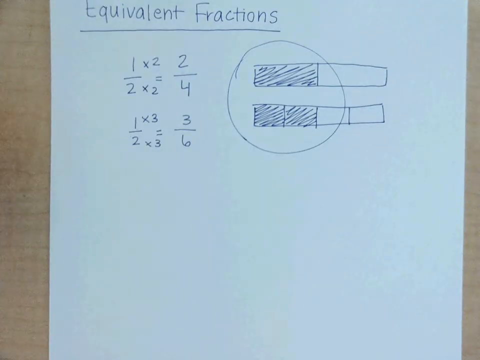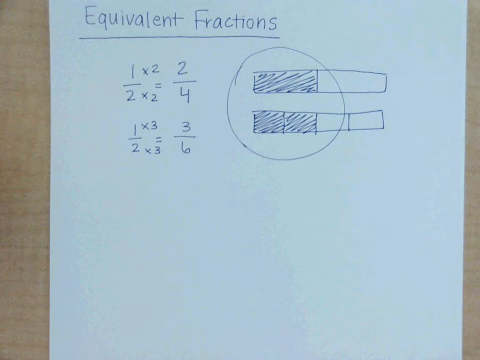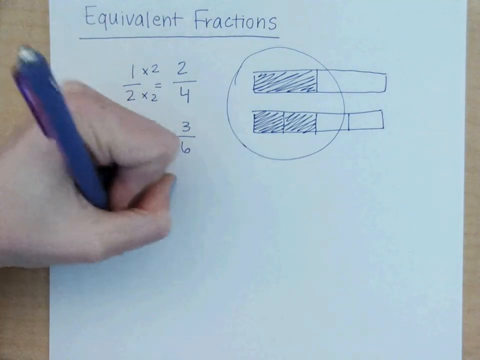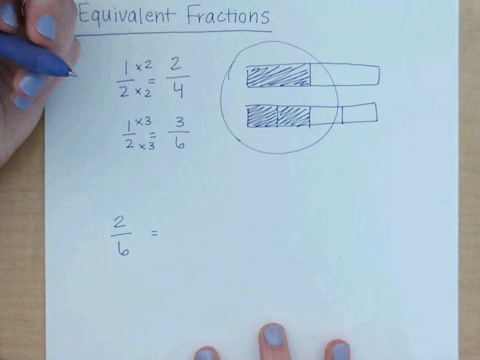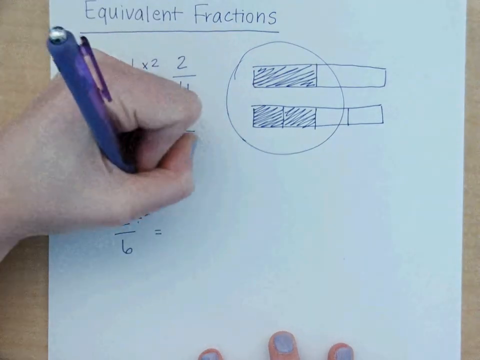There's another way that we can find equivalent fractions. So what if I give you 2/6? What can I do to find an equivalent fraction? I can simplify. So instead of multiplying by a number, what can I do? Divide. What would I divide by? 2.